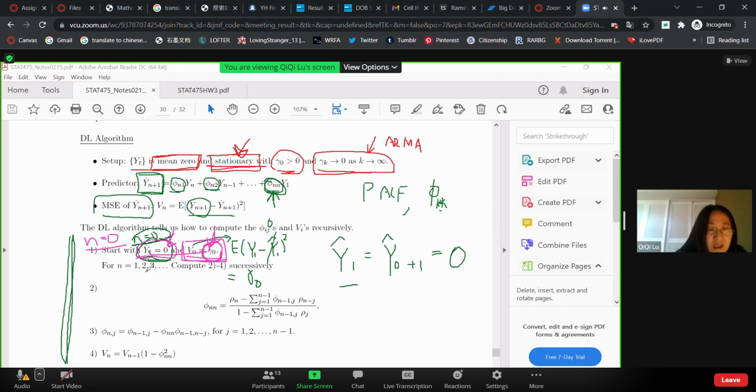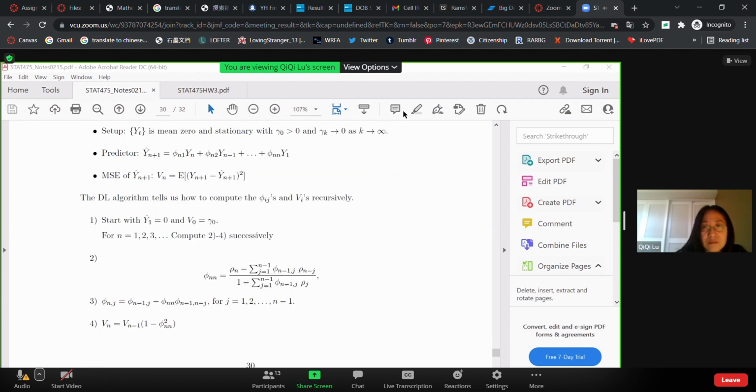And then we calculate n equals 1, n equals 2, 3, and so on. So here, steps 2 to 4, we just repeat these 3 steps for each n. So for example, now we start with n equals 0.